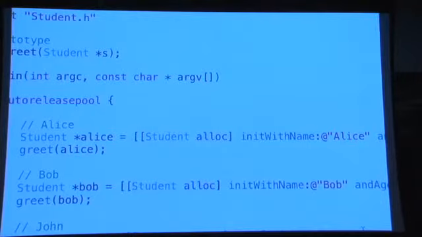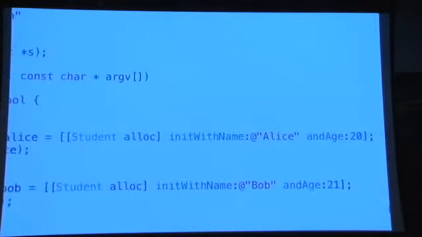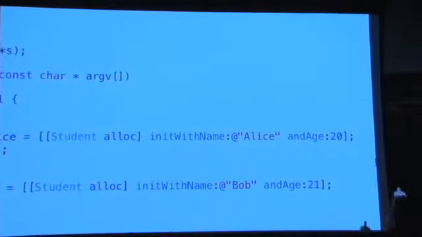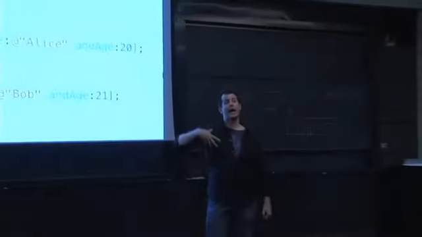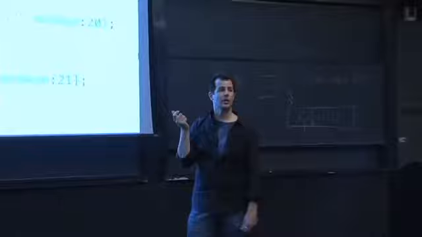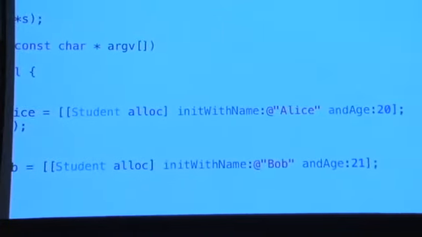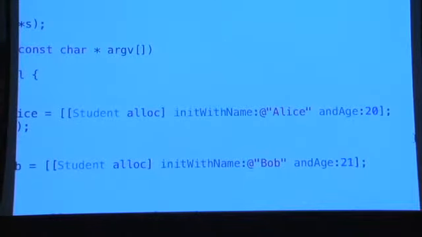So here's this initWithName message, and give it a name. Oh, and let's also give it an age. We saw this very early on in the keynote slide that had these fairly long names. We'll see longer. But this is one way of not only allocating an object, but also initializing it at the same time. This too is a convention. Typically, the default initializer, aka constructor, for an object in Objective-C is called init, all lowercase.